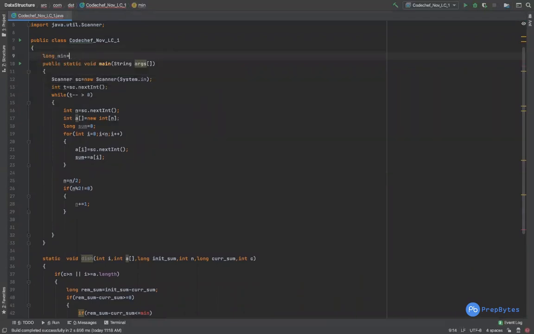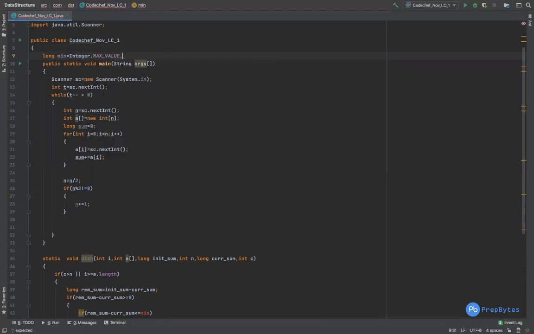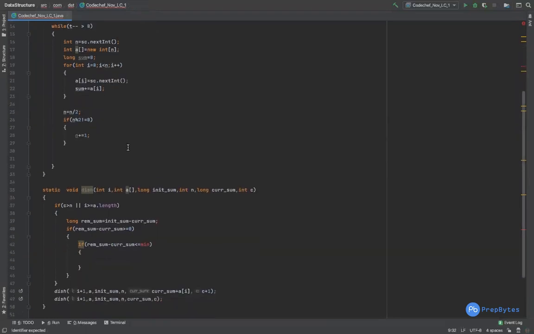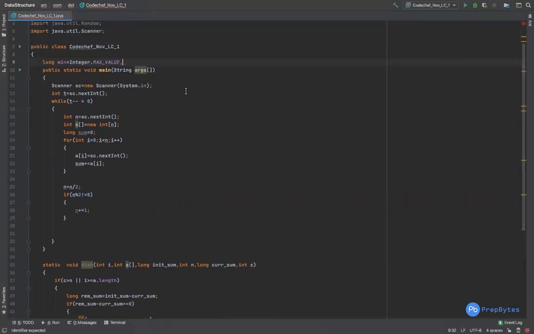Let's take long min equal to integer dot max value. Why max value? To give it some prior value, so that initially this remaining sum minus current sum will always be less than or equal to min. To take care of that condition, we put min equal to integer dot max value.